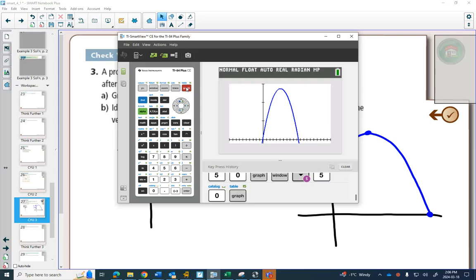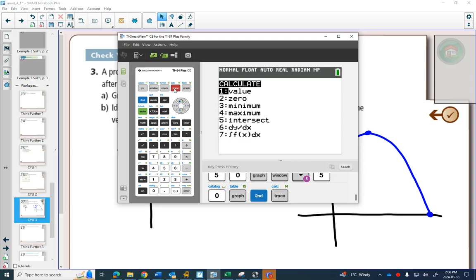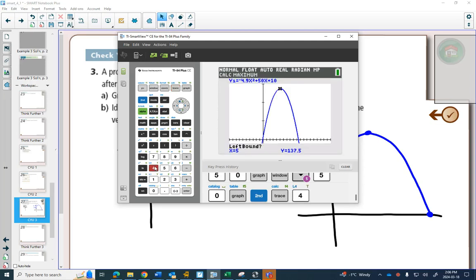Now again, the nice thing about your graphing calculator, or if you're using the app Desmos at home, you can graph this. On Desmos, you can just click where the maximum is and it will pop up for you. On the graphing calculator, everything you want to find about this graph, you can do with the calculate button. So I go second, trace, because that's where it says calculate. This one has a maximum, so I hit number 4.